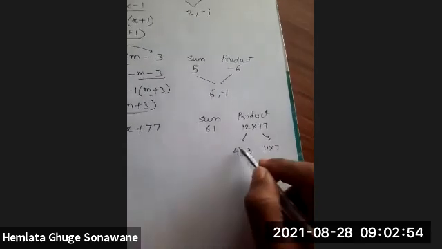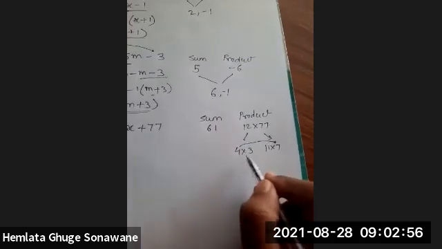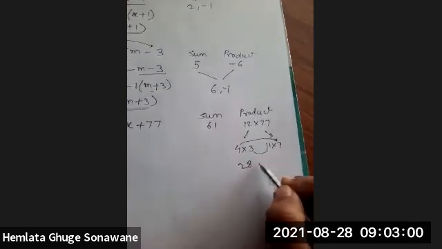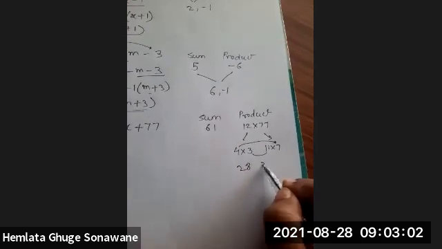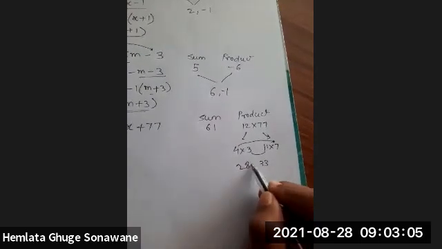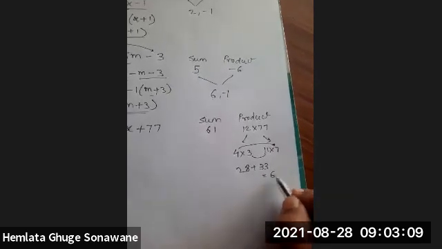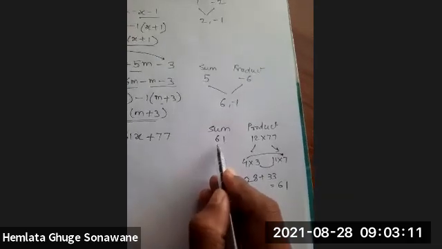Now we'll multiply. 4 sevens are 28 and 11 threes are 33. Okay, if we add both the terms, we'll get 61. That is our sum.